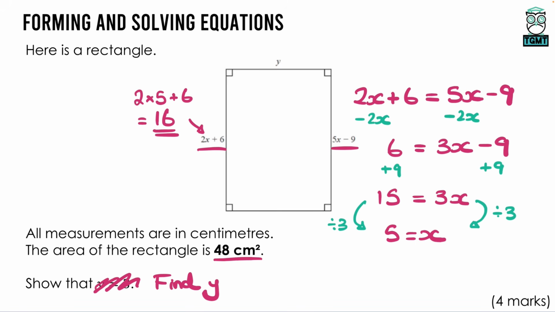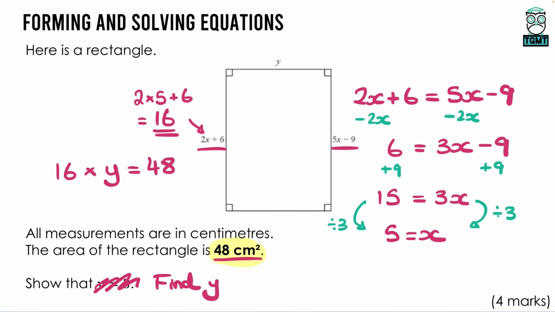Now back to the question where it's told us the area is equal to 48. Now a rectangle, when working out the area, is length times width. So the length, 16, multiplied by the width, y, is equal to 48.